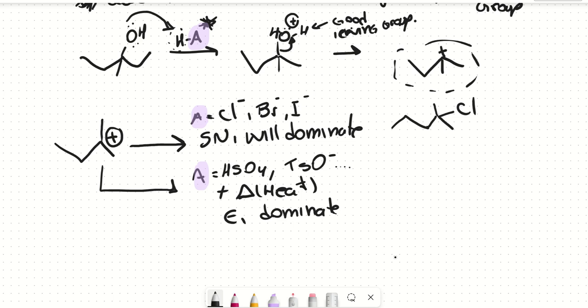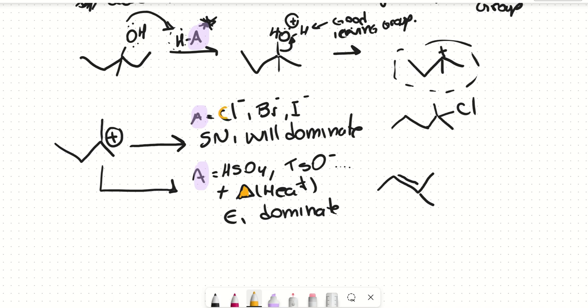And remember, E1 is elimination, a double bond, so we extract a hydrogen from the beta carbon. Most of the time, you're going to see heat over there, and that will tell you this is elimination.